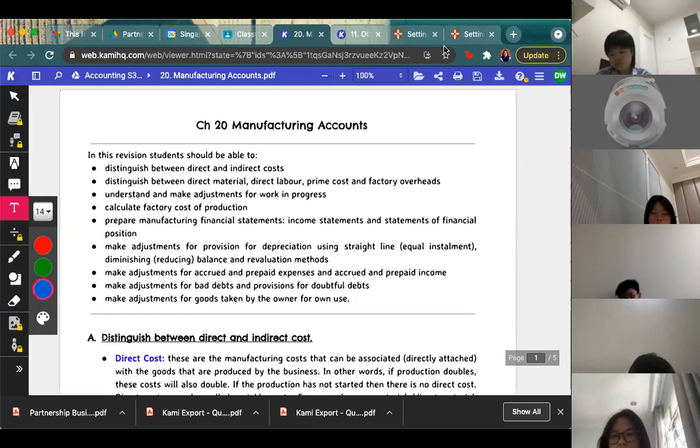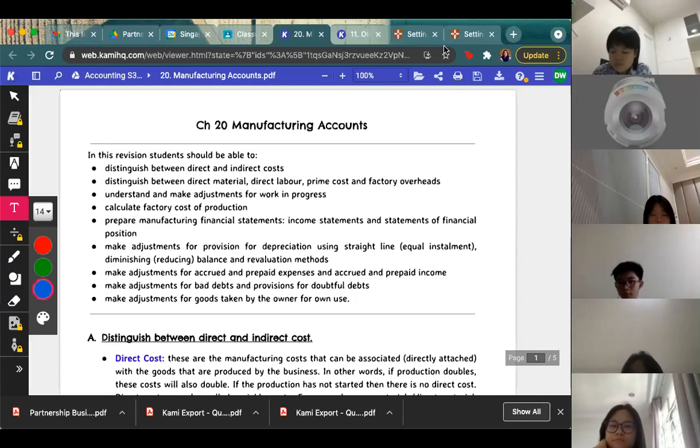Since it is different from a trading company and the company is producing goods, the company will have a factory, and in the factory they will consume a lot of cost. So imagine that you are a manufacturing business versus a trading business. In a trading business, there will be a purchasing of inventory.